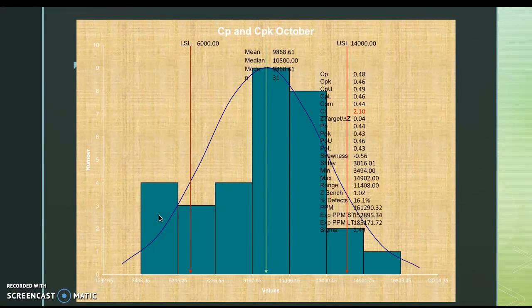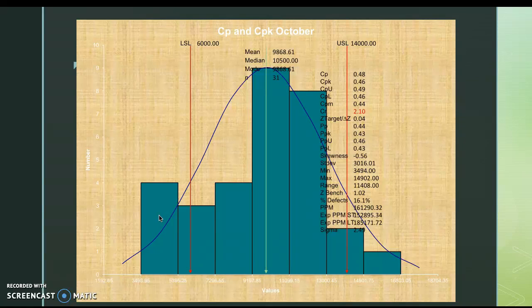Also, I calculated the CP and CPK values for October and November. As I mentioned earlier, if I consider the specs of my project or of my measurable goals, I would consider the range of 6,000 steps to 14,000 steps, with 10,000 as a target line.